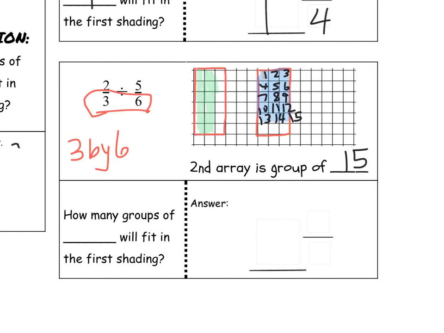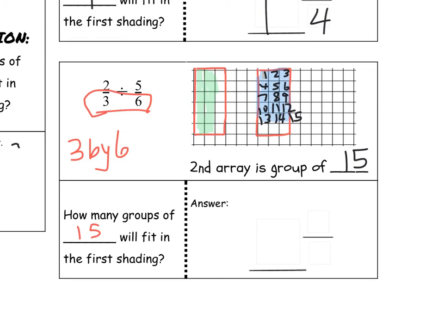Okay, so a lot of you probably got this far to where you made your two arrays and you figured out your second array is a group of 15. So our question, how many groups of 15 will fit in the first shading?